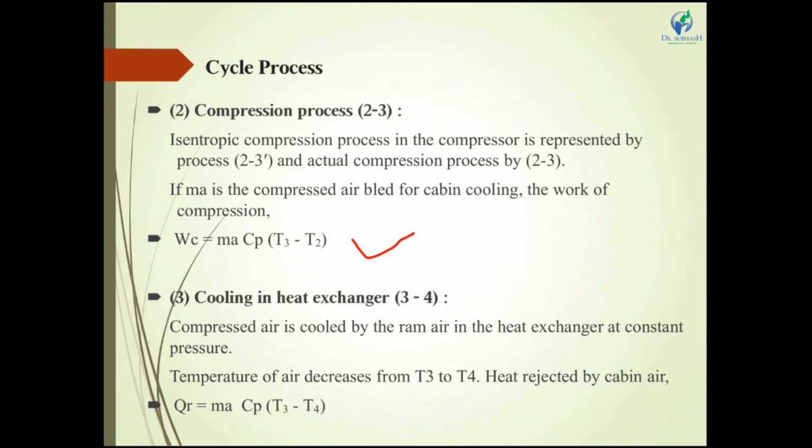The next process is cooling in the heat exchanger, process 3 to 4, where we reject the additional heat produced by the main compressor to the atmosphere. That means we write Q is equal to Ma Cp times the temperature difference T3 minus T4.